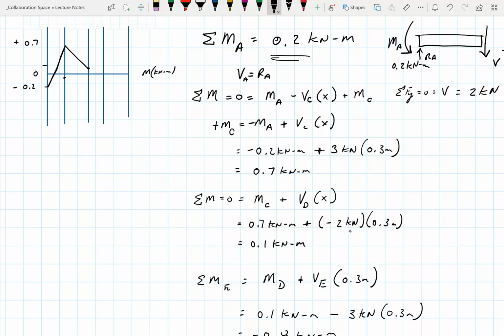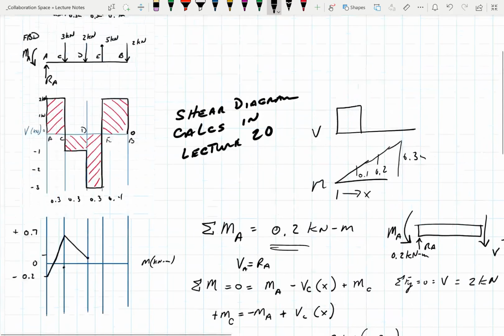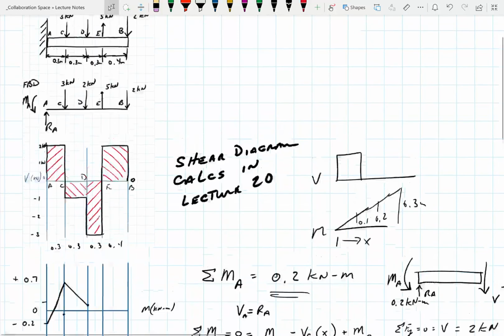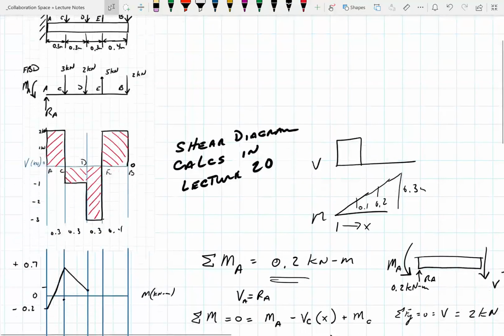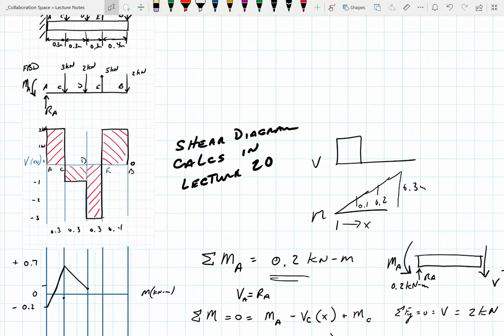Negative 2 is the force, 0.3, that's 0.1, right? 0.1 is the target. And I'm missing, okay. Three down to negative 1. Negative 1 times 0.3 is 0.3.